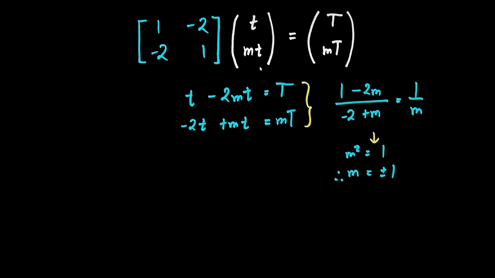This matrix has two invariant lines. One is y equals x, and the other is y equals minus x, since the gradients are plus 1 and minus 1. And this is our actual answer. These two invariant lines are the invariant system for this transformation matrix.